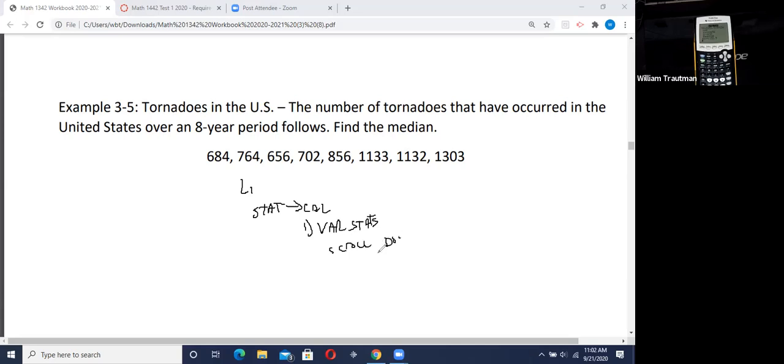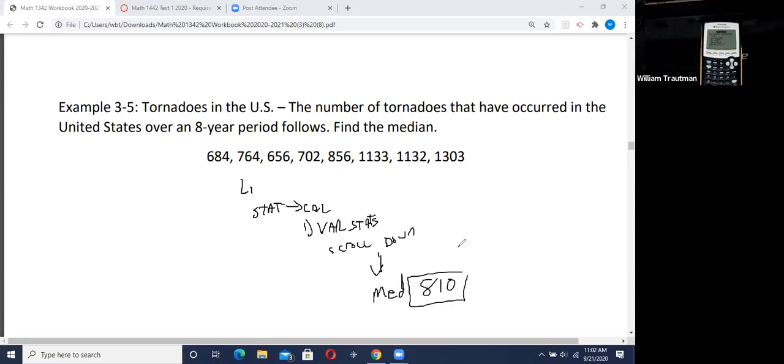And our answer for median was 810. It found the average of the 2 middle pieces and did it for us. Any questions on that?